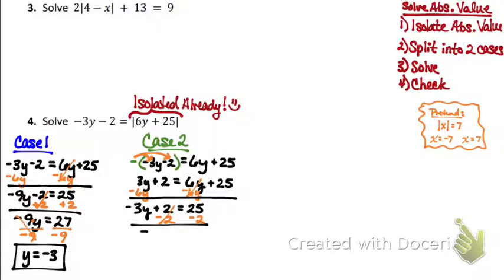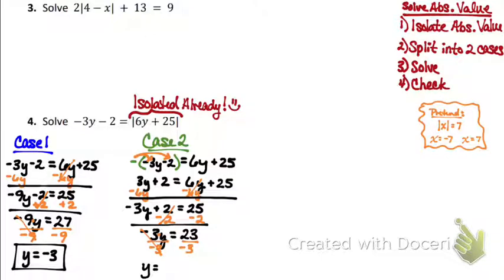Negative 3y equals what? 23. What's the last thing I need to do here to get the y all alone? Divide both sides by -3. Is my answer going to come out positive or negative?